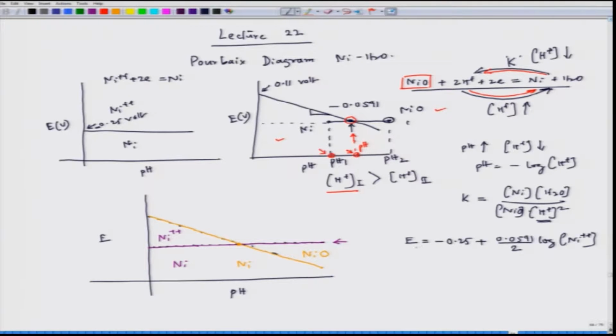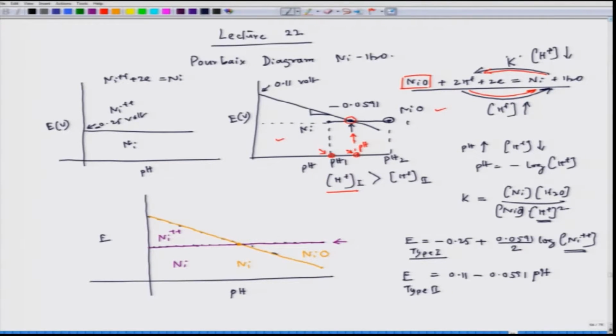Type 2 is E equal to 0.11 minus 0.591 pH. If we solve these two equations for a particular nickel ion activity or concentration, we can get the potential as well as the pH value.